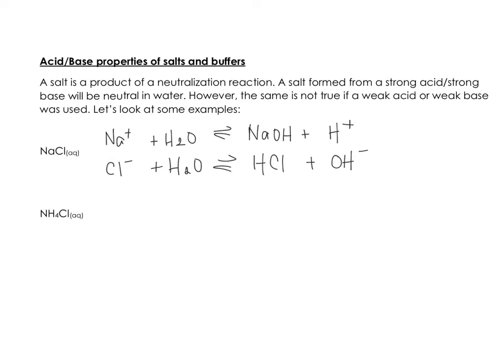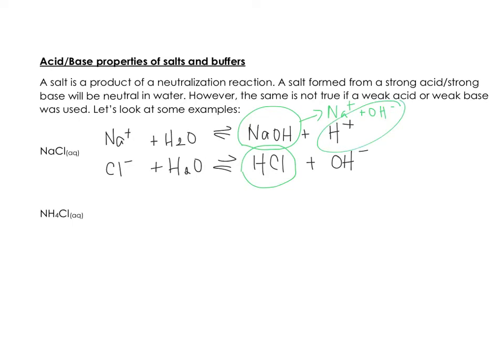Now, the big problem with these two products is that they are a strong base and a strong acid. And we all know strong acids and strong bases ionize 100%. So you don't actually form these. You form Na plus and OH minus, and the OH minus and the H plus react with water.